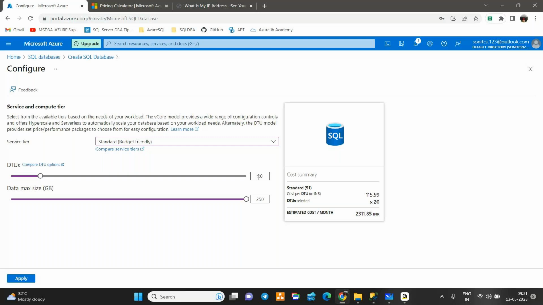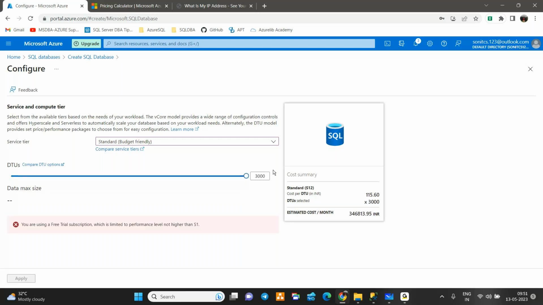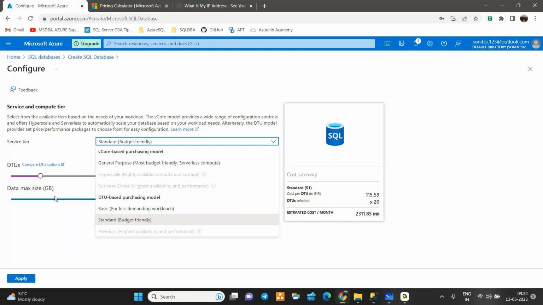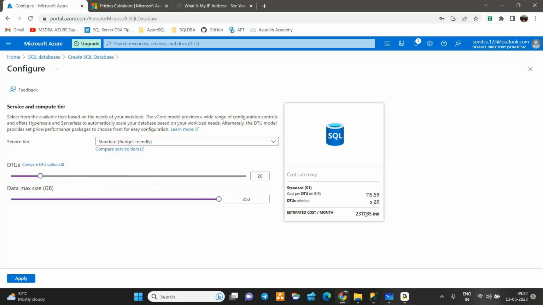The maximum capacity is 3000 DTUs and 1 TB of size, but under the free trial you get only 20 DTUs and a maximum of 250 GB of storage. For that, Microsoft charges 2311 Indian rupees per month. Based on your DTUs and your DB size, Microsoft charges per month. Hope everyone got it.